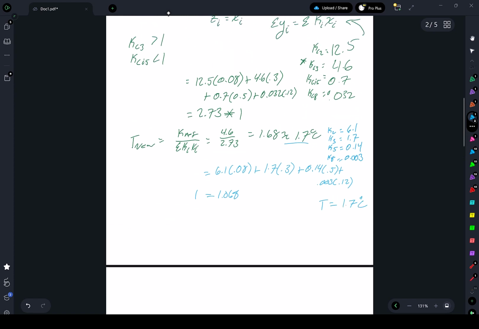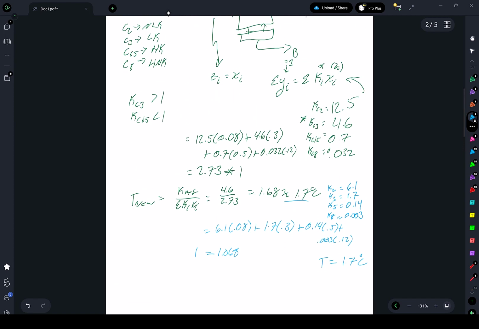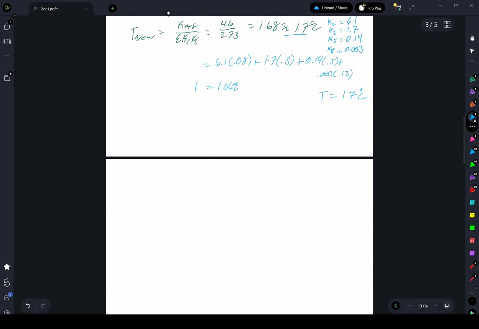So we have our K values, and what we can do now is move forward with the problem to figure out our minimum number of trays. To figure out the minimum number of trays, we need to use this equation.